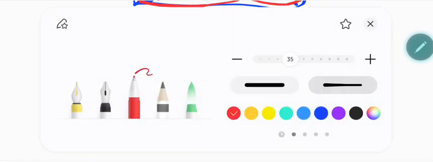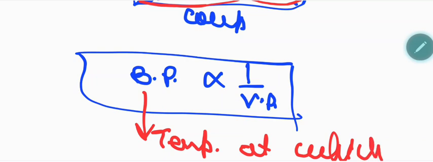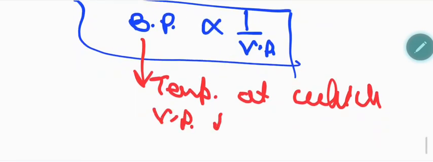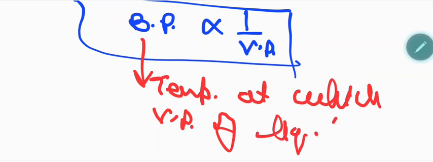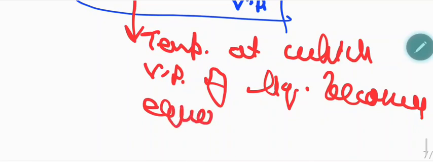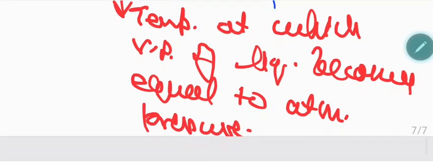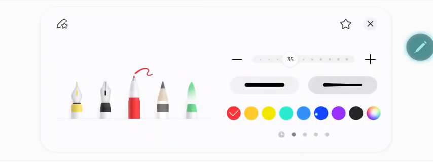Boiling point is the temperature at which the vapor pressure of a liquid becomes equal to atmospheric pressure. Say for example, this is atmospheric pressure, and we have two liquids A and B.